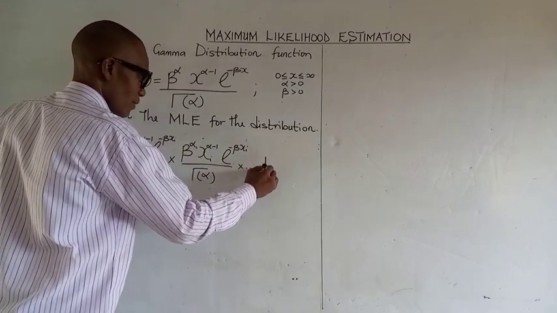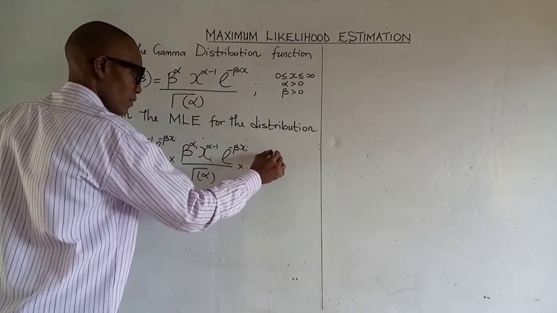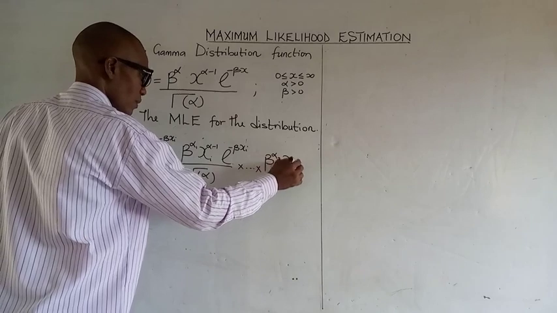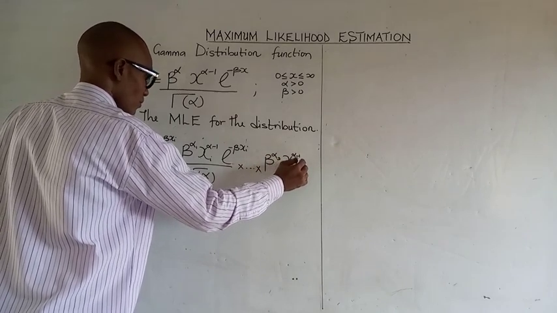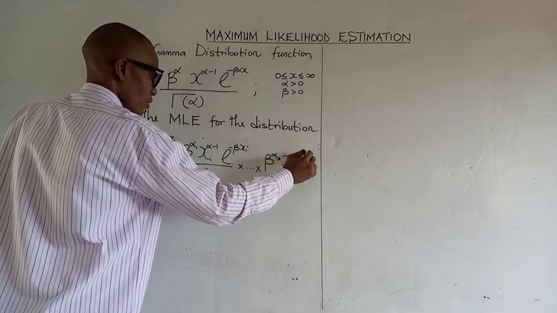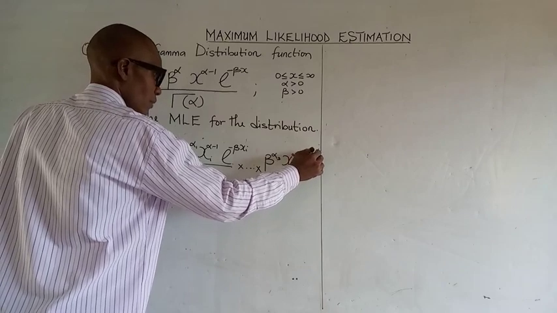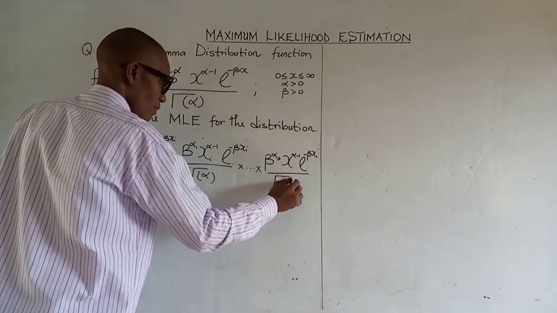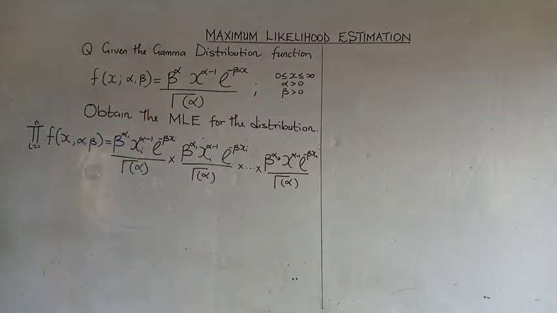Multiplied by, of course, this is the last one, x^(alpha minus 1), exponential of minus b xi, all over this.